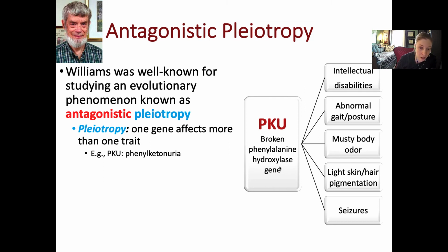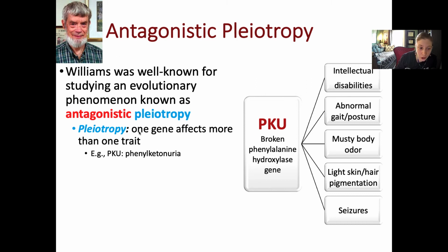Okay, so it's a broken phenylalanine hydroxylase gene. Because this gene is broken, phenylalanine, which is an amino acid found in food, builds up in your body and can cause problems. And so the problems it can cause: intellectual disabilities, abnormal gait or posture, musty body odor, light skin or hair pigmentation, and seizures. And so that's a lot of different traits, all affected by this one gene.